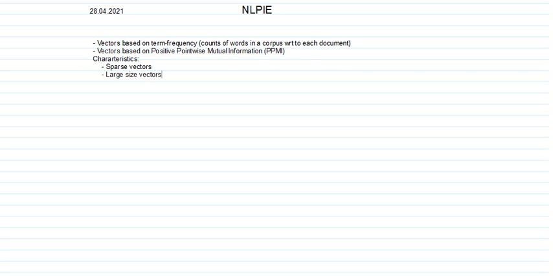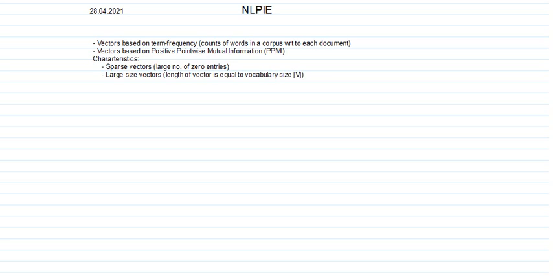Sparse means that these vectors have a large number of zero entries, and large size means that the length of the vector is equal to the vocabulary size, which is mod of V, right?